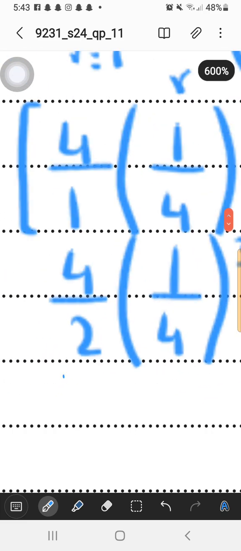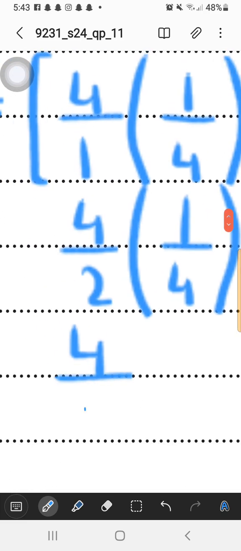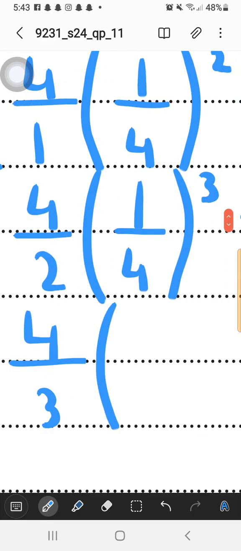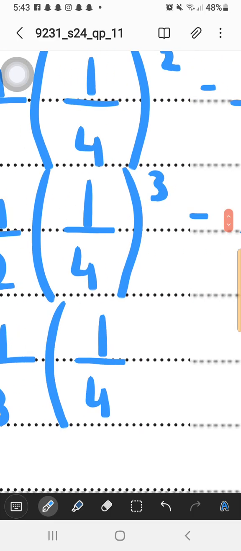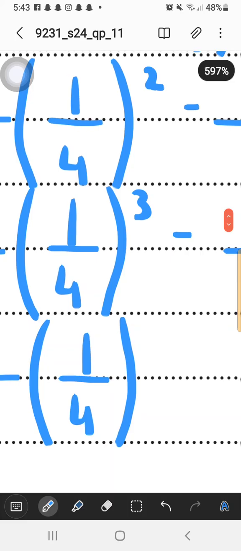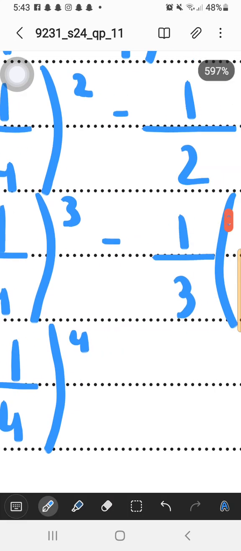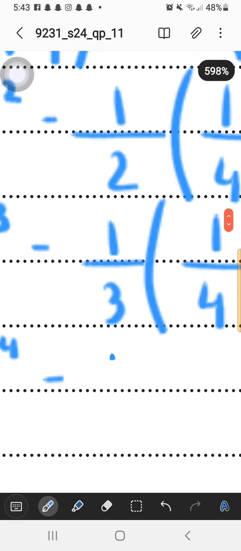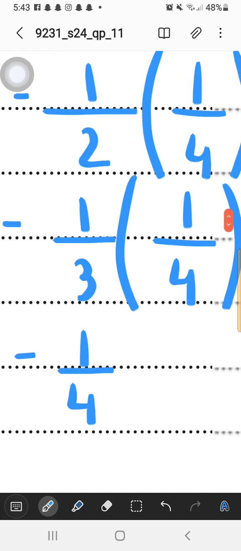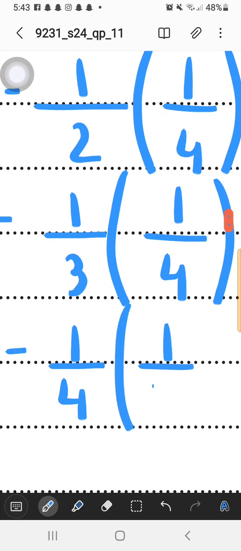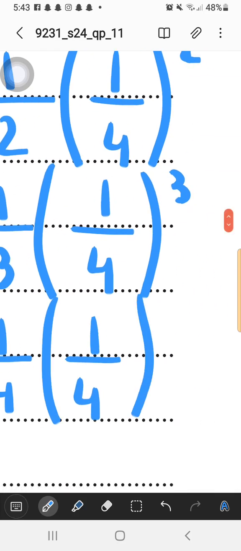Then similarly 4 upon 3, 1 upon 4 with 3 plus 1 is 4, minus 1 upon 4, 1 upon 4 in the bracket, and power is 4.